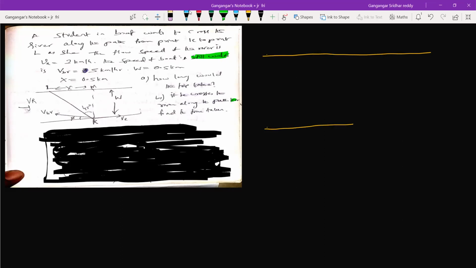Strictly, what is the thing? There's a start point, there's a point B. He must reach here, at this particular point.